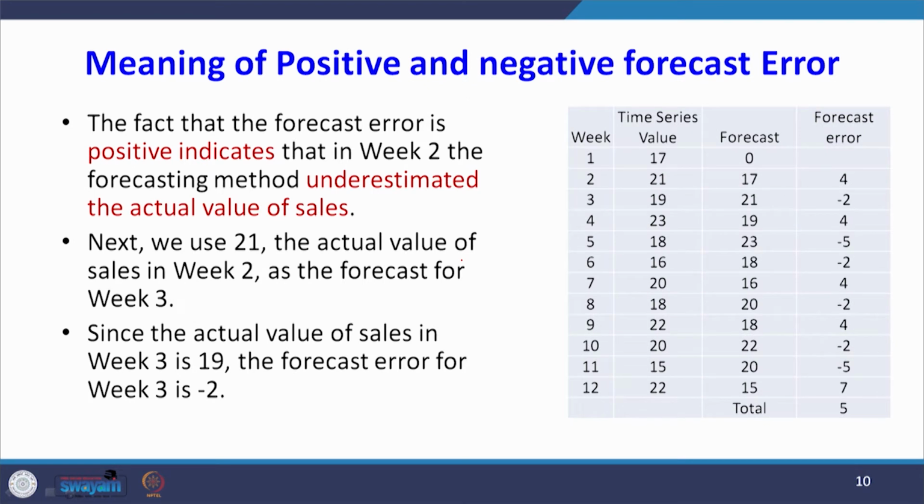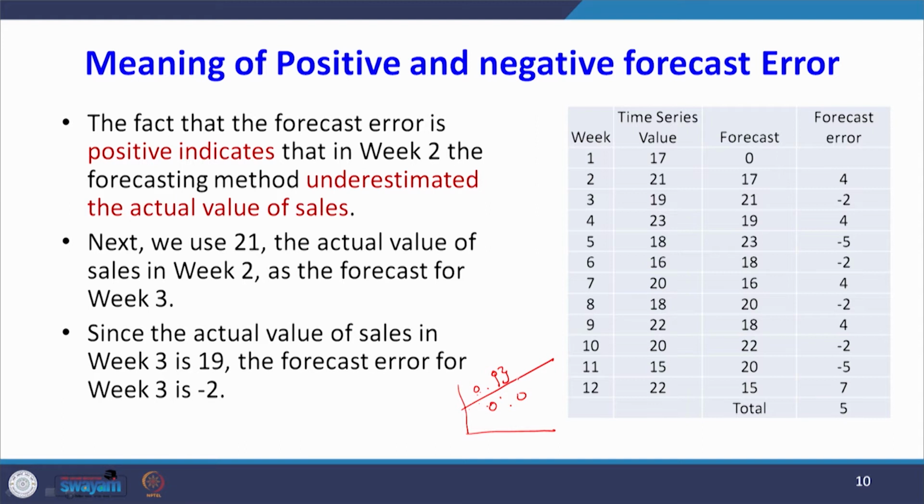What is the meaning of positive and negative forecast error? Suppose I have data like this, and suppose I have forecasted like this. Here this error is a positive error. If the error term is positive, the forecasting method which I have used underestimated the actual value.